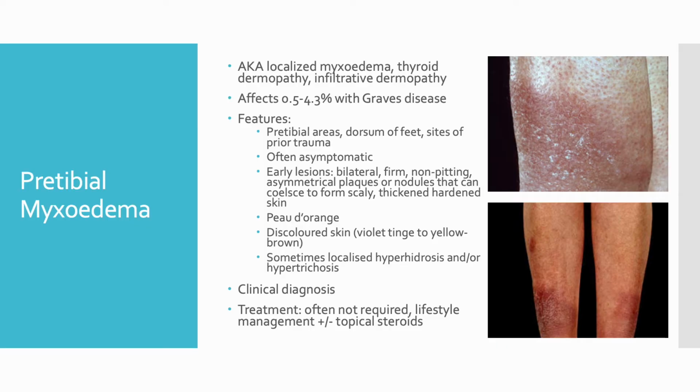It often has a yellow-brown tinge, and there may be associated overlying hyperhidrosis or hypertrichosis. So it's one of the specific features of either previous or current hypothyroidism.